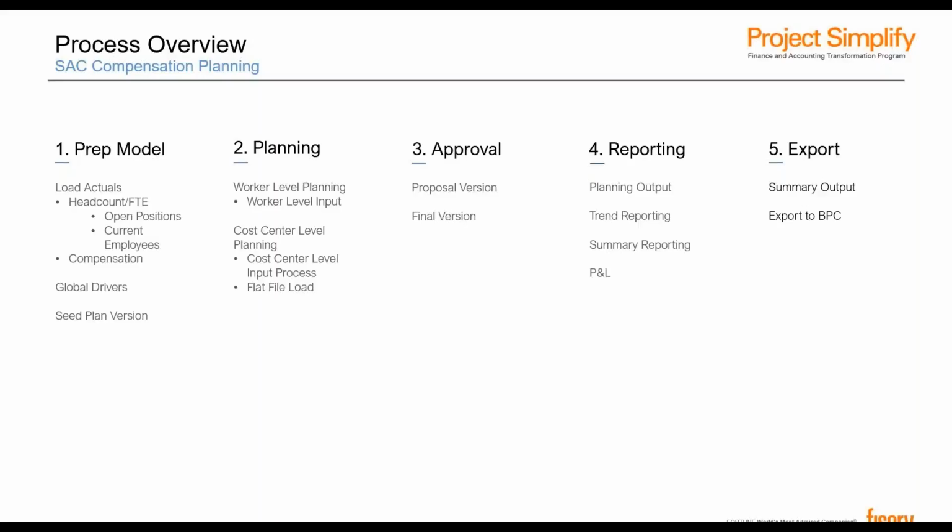The business units can propose their plan numbers, but they have to be accepted and finalized by the function owner. So this is the approval workflow that we implemented within the tool.